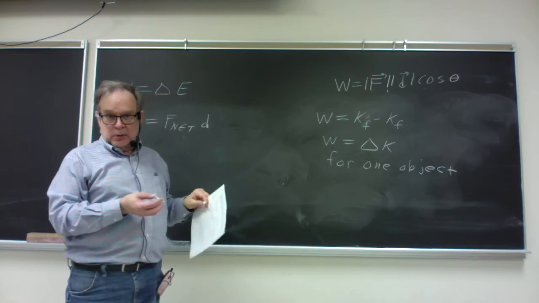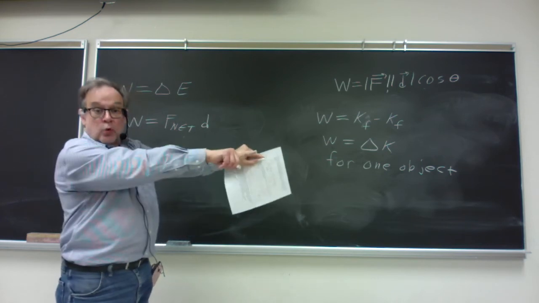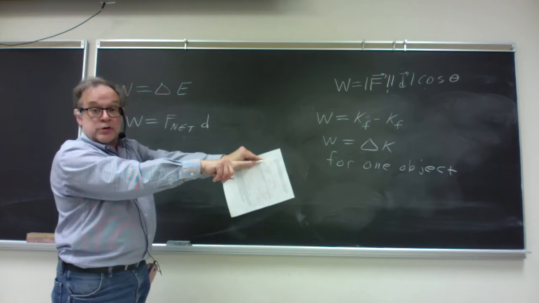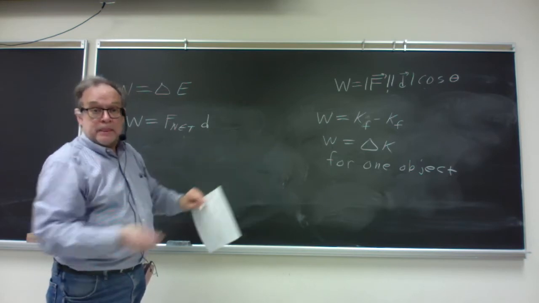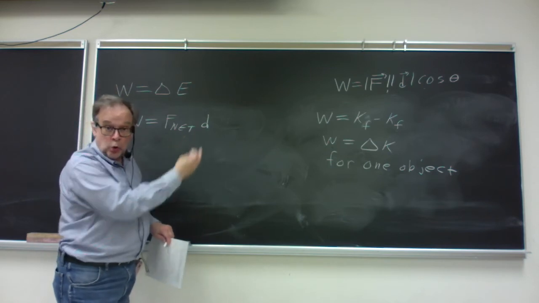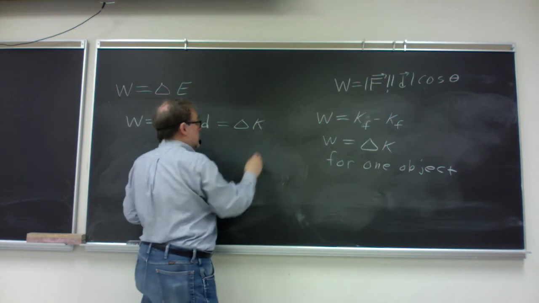And in this simple case that we're considering here, the displacement and the force point the same way. So the angle between displacement and force is 0 degrees. Cosine of 0 is just plain 1. So that's work. And it's going to equal the change in kinetic energy.